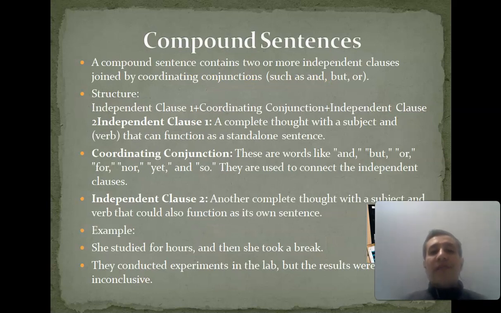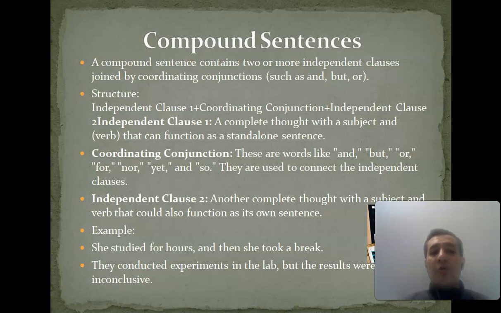Now we have the compound sentences. It is a little bit more complex, and we can see that a compound sentence contains two or more independent clauses joined by coordinating conjunctions. The coordinating conjunctions we have are such as and, but, or.